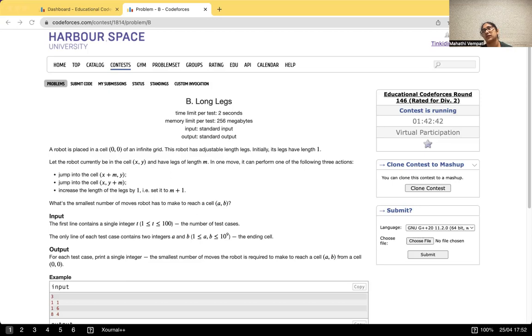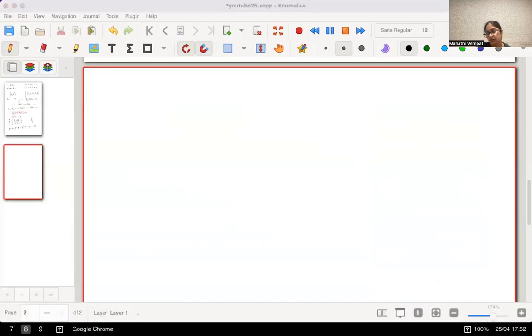very interesting. Because imagine if, so if you spend one move increasing your leg length, okay, what I see it as is, if you didn't do any of this leg length increment, you would have to do X plus Y moves, right?